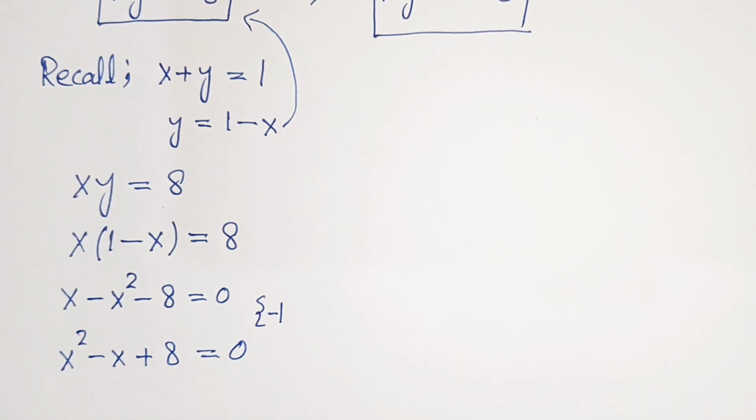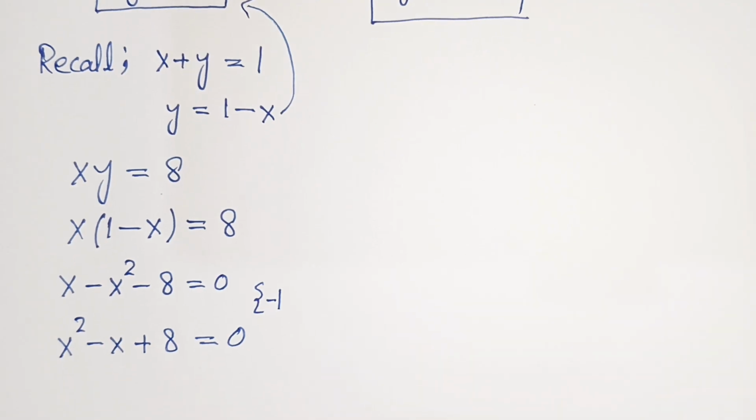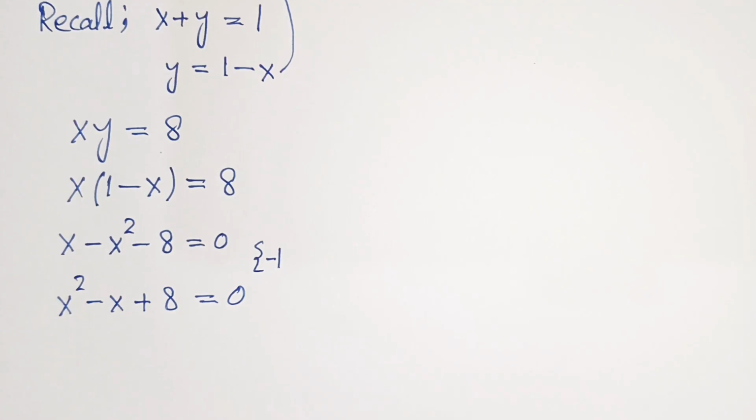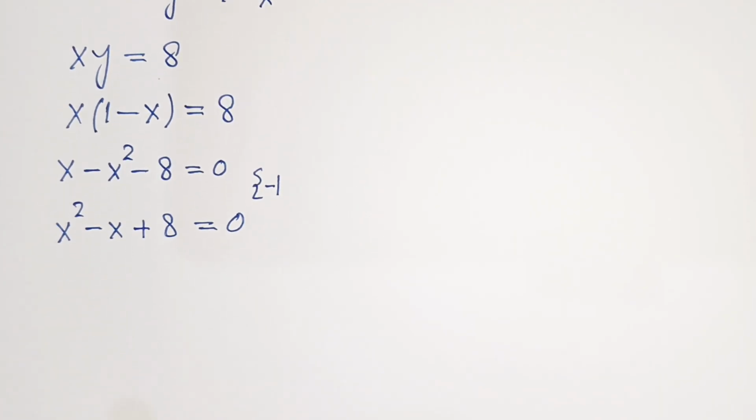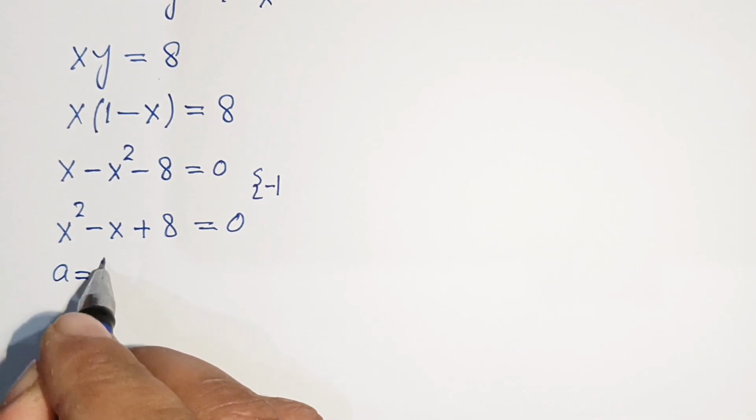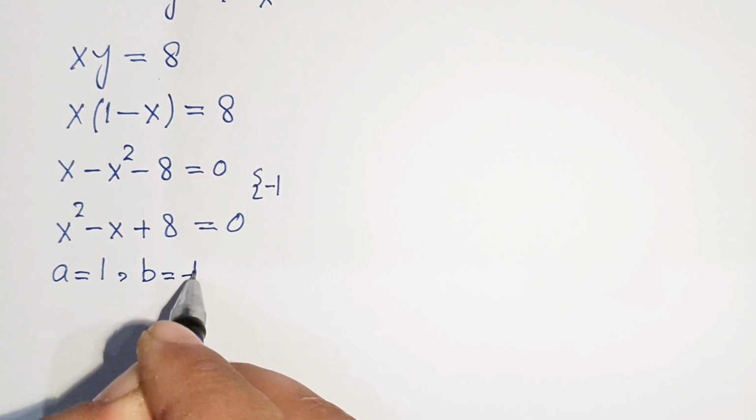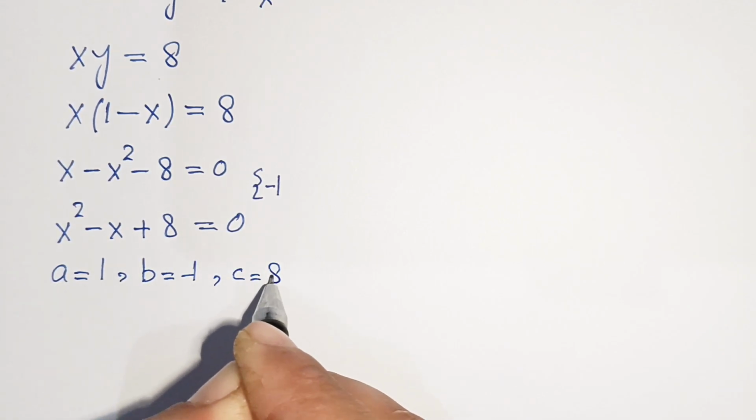Now it is our equation, so we have to solve it. As it is a quadratic equation, we have to solve it by using the quadratic formula. Here we have the value of a is 1, b is equal to minus 1, and c is equal to 8.